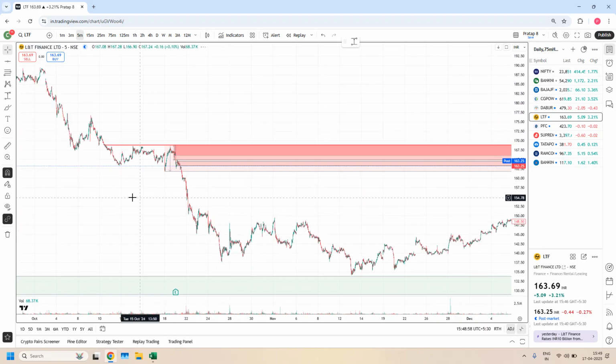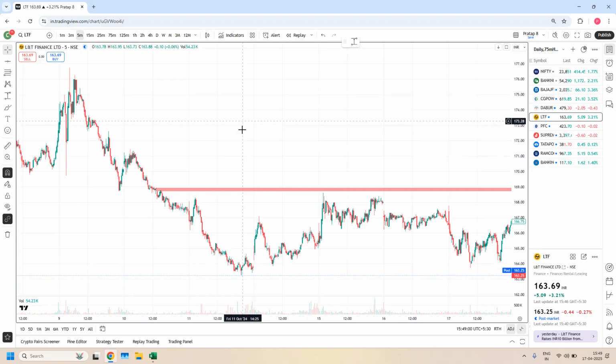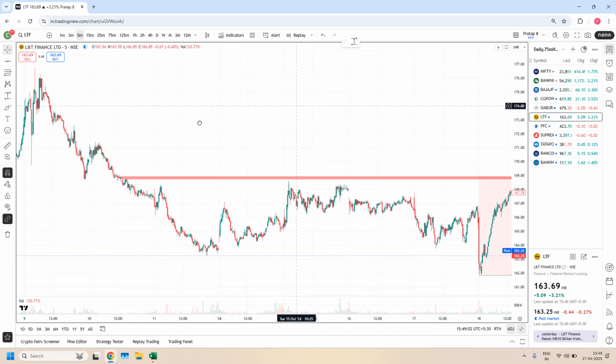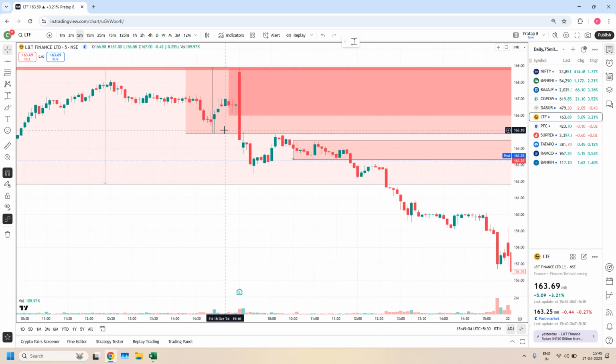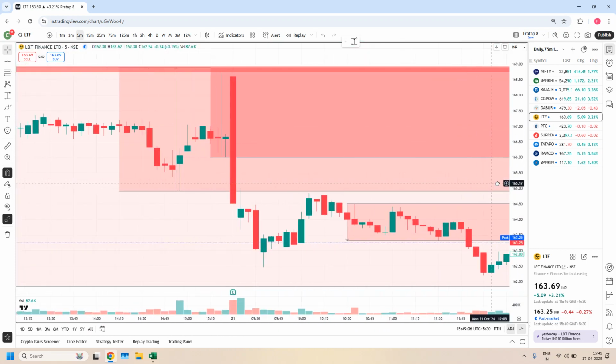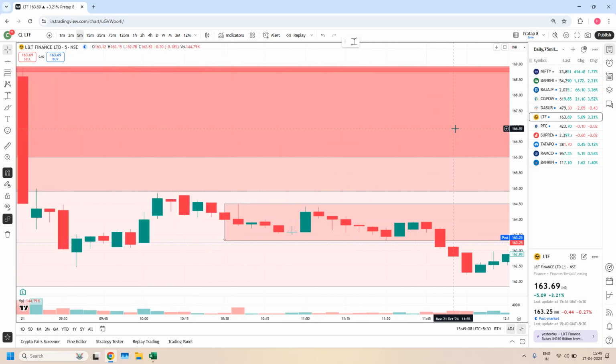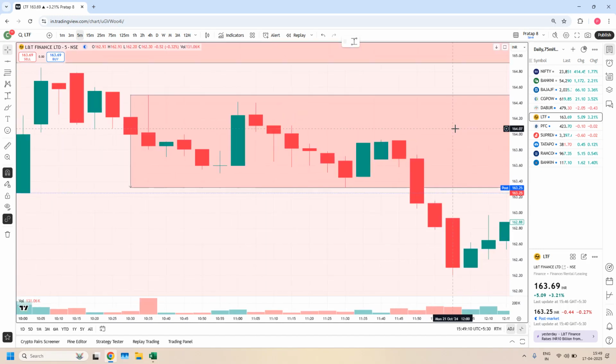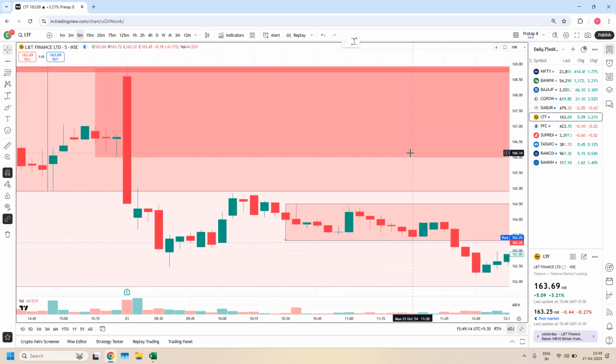Let's look into the 5 minutes. Here. Five minutes is okay, rally base drop is there. Maybe the 15-minute structure was not good at the time, so I might have left this.